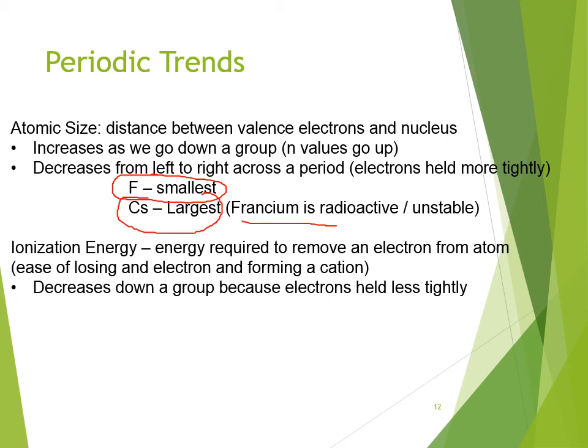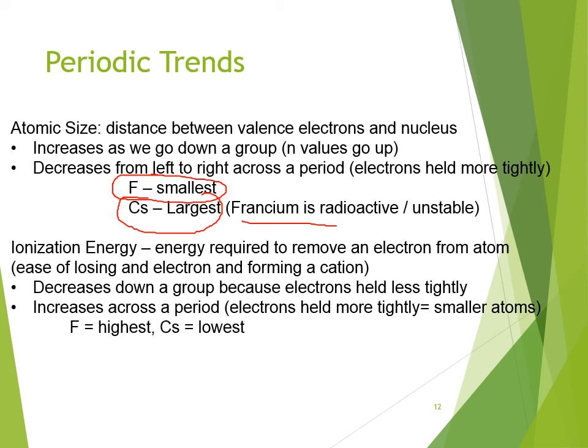We're going to see this decrease as we go down a group. So the atoms are getting bigger, we said, as we go down a group. So since the atoms are getting bigger, the valence electrons, those outer shell electrons, are further away from the nucleus. Since they're further away from the nucleus, they are held less tightly, and it's easier to pluck them off. So it's not going to take a lot of energy to take a valence electron from a large atom.